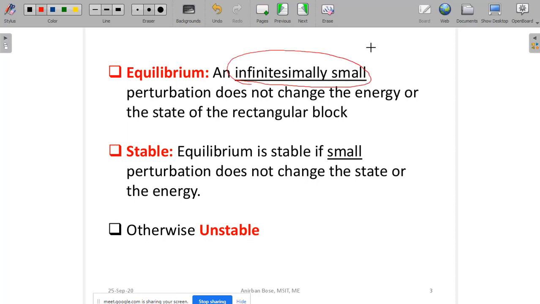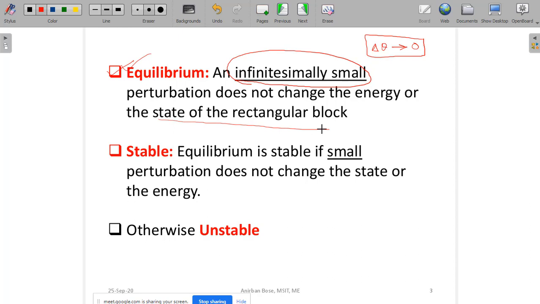It means the deviation you are making, in this example in terms of angular deviation, is tending to 0. If you make such an infinitesimally small perturbation, and it does not change the energy or state of the rectangular block, then we call it an equilibrium position.